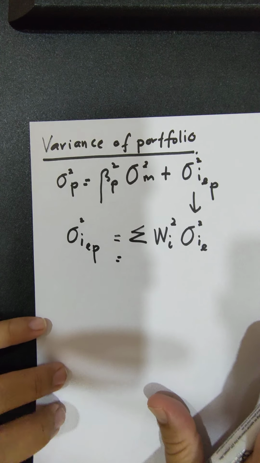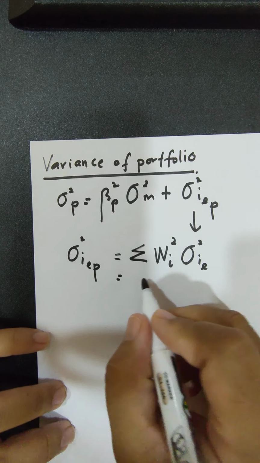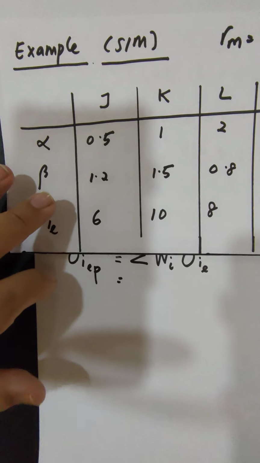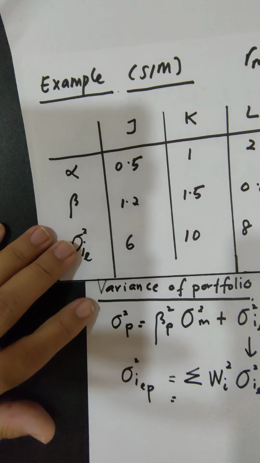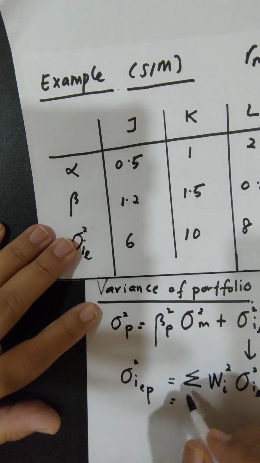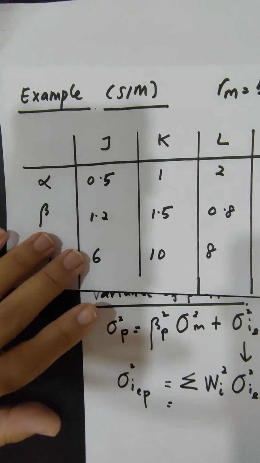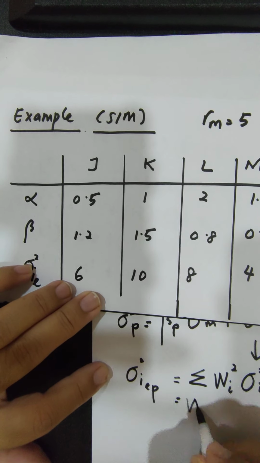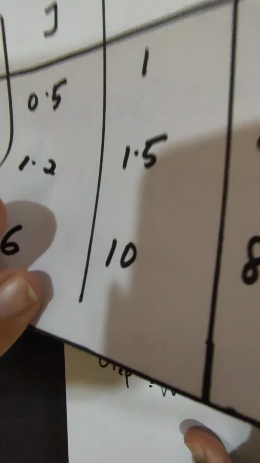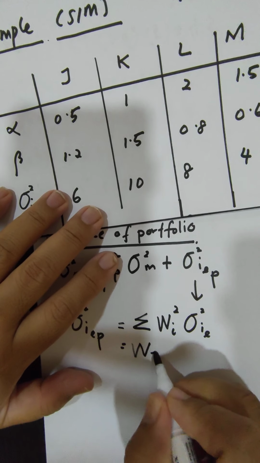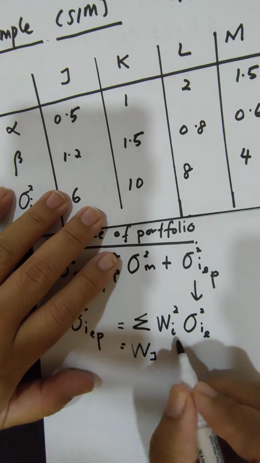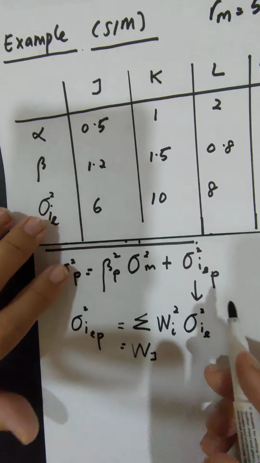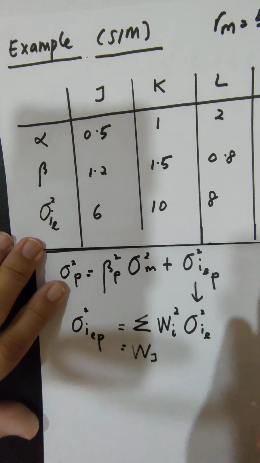If you extend the formula, it's still based on our previous example. We have 4 assets altogether. So the weightage of J multiplied with, this is the residual variance, right? So look at the residual variance value here.